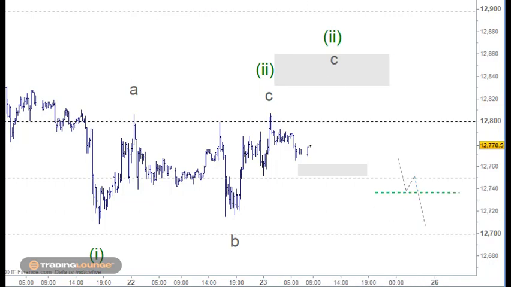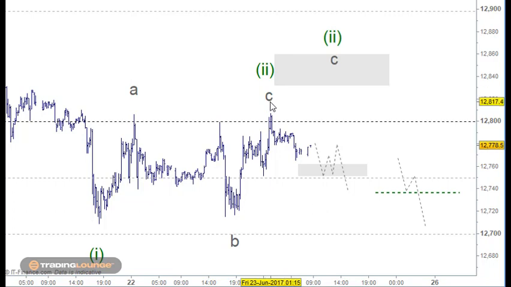Because any move, let's just say this moves down through to here, you're going to get a bounce off here anyway, okay? So you'll be able to work that from that particular point. This does count as 5 waves to this point for wave C here.